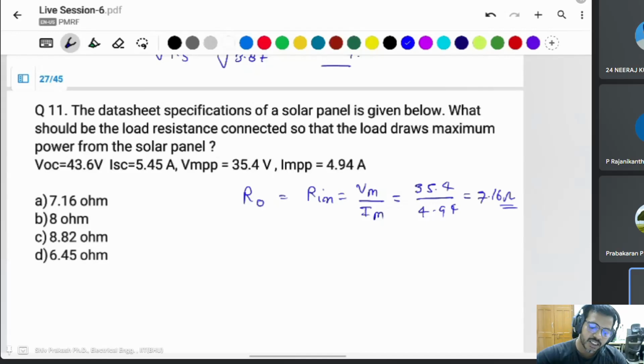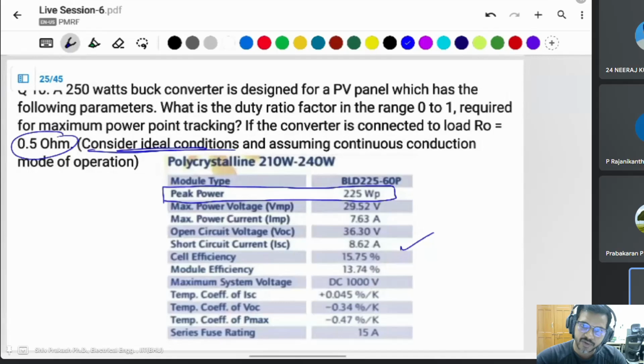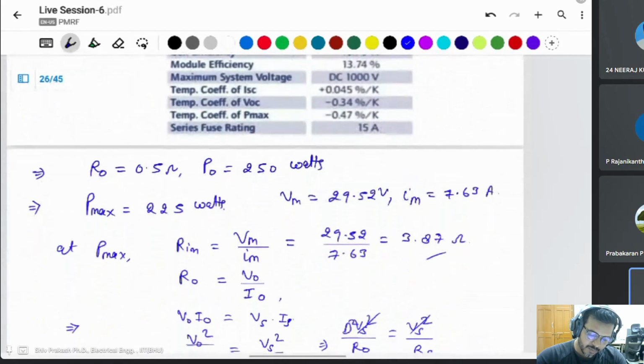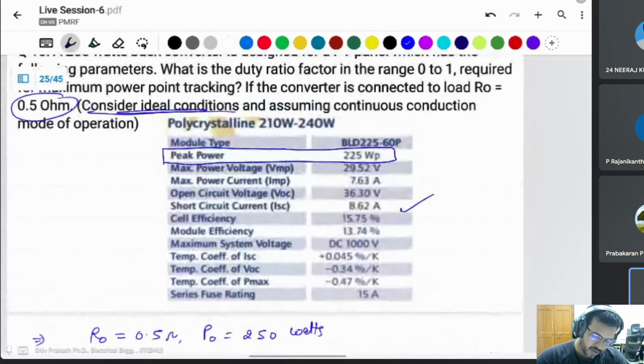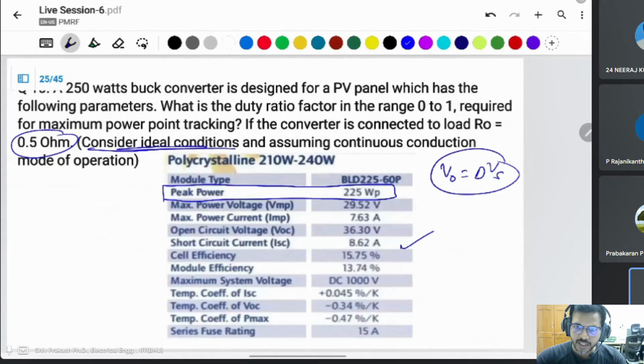Here the question mentions continuous conduction mode because the output voltage differs in discontinuous conduction, and this formula does not apply. For the buck converter, V naught is equal to dVs. In discontinuous conduction mode this formula is not applied. That's why the question mentions the continuous conduction mode of operation for the converter only.